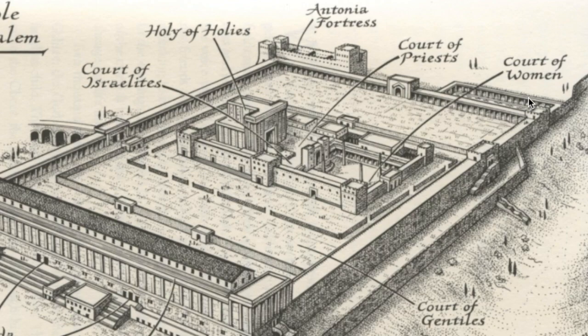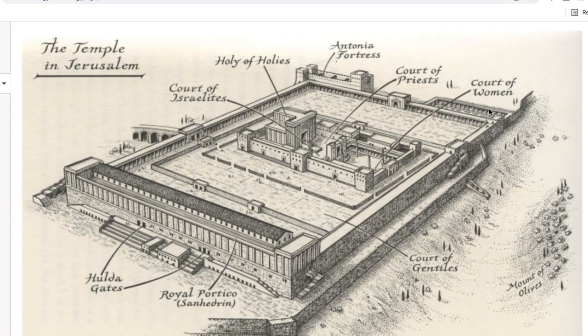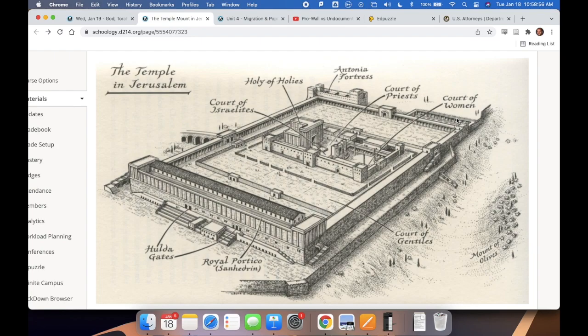As you get closer and closer, you get to the court of priests, where only the official priests could be. And then finally, you have the Holy of Holies, the place which they believe God emanates from, the holiest place, where really only the high priest in Jerusalem could go in, and he has to be ritually pure, and it can only happen at certain times. So a very, very sacred site.